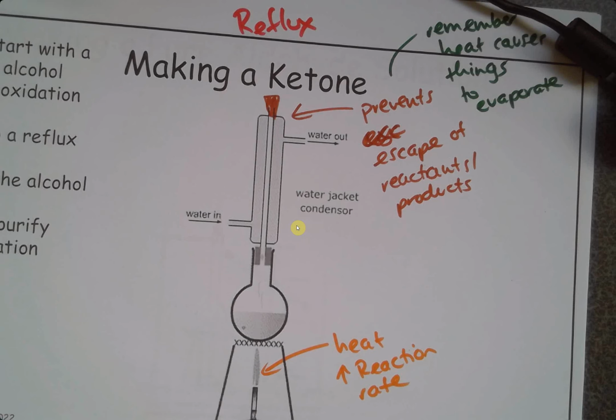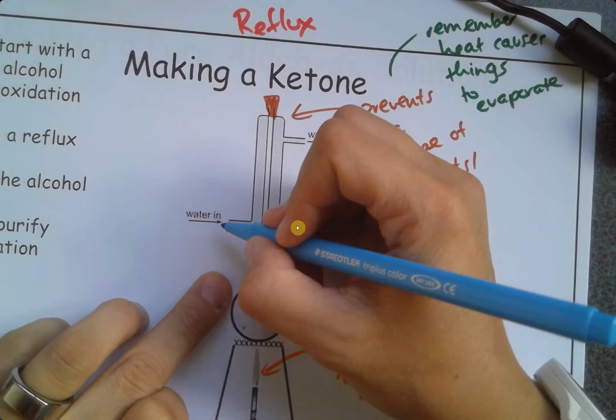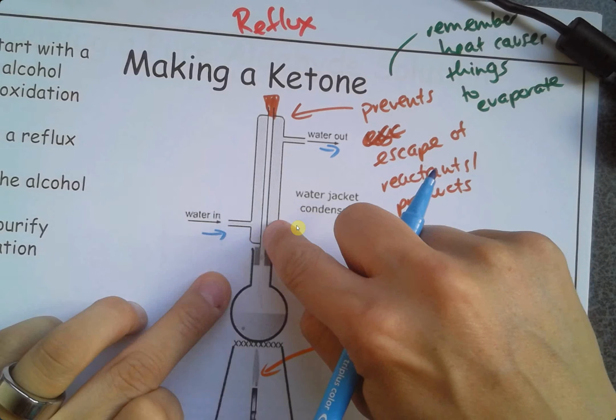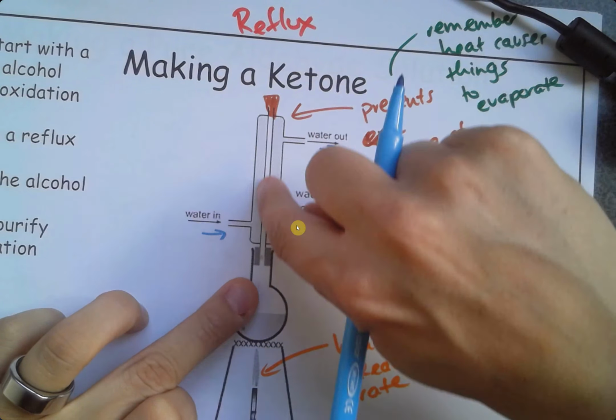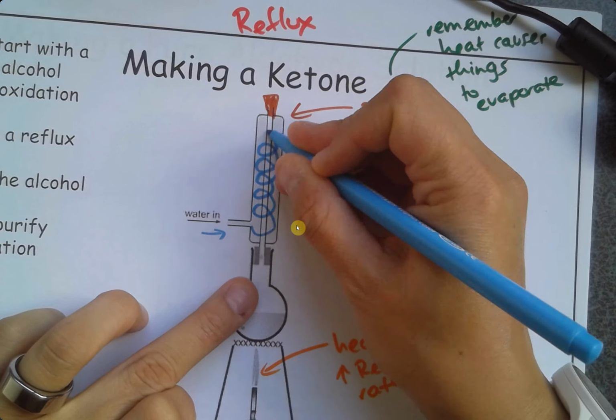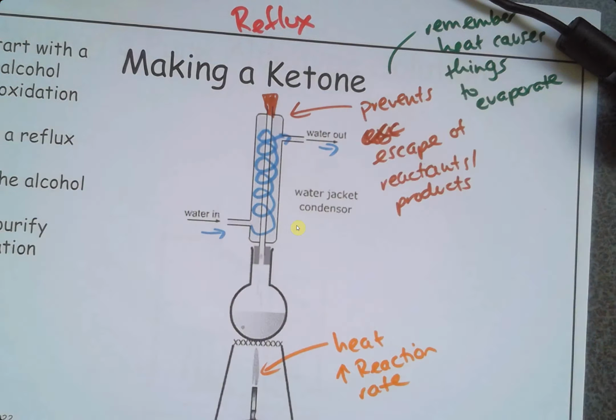Cool. The other thing that happens with the reflux tube is we have this condenser, and you notice how it says water in and water out. So what is happening is we have a little tube here, but we have an outer layer of cold water that's flowing around the outside of the tube.